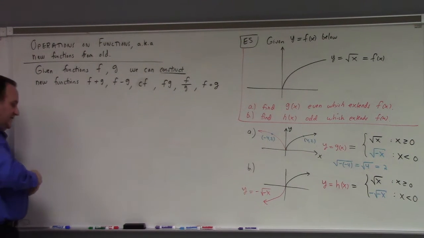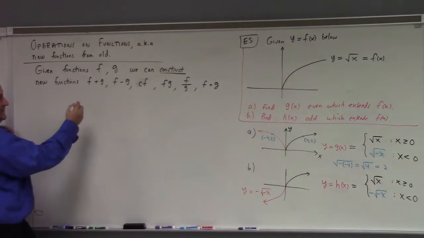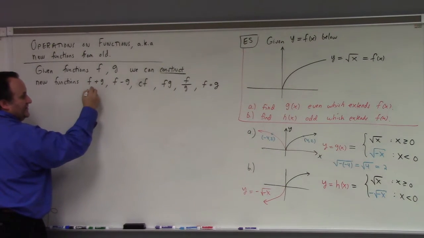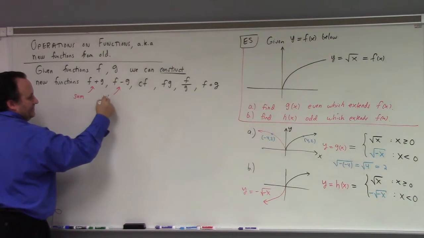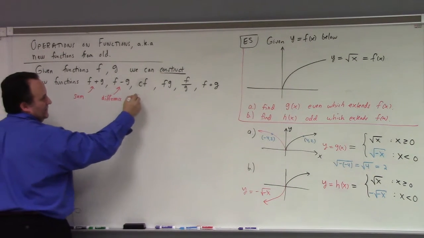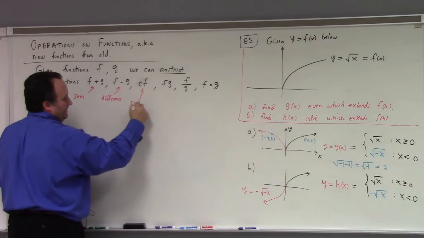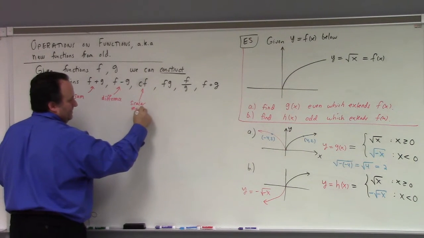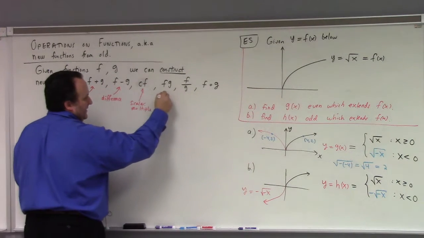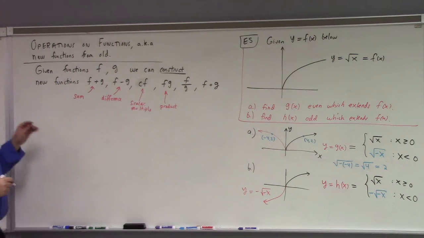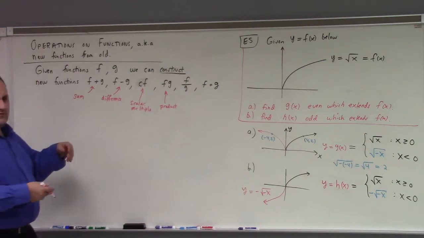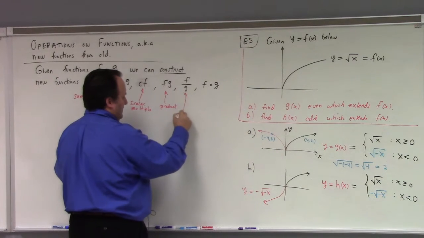These are all new functions that we can define. Let me give you the names, just the names. This is the sum, the difference. This is a scalar multiple of f. Here you're looking at the product. So the sum of the functions, the difference of the functions, a scalar multiple of the function, a product of the functions. What do you think f over g is called? Yeah, a quotient of the functions.